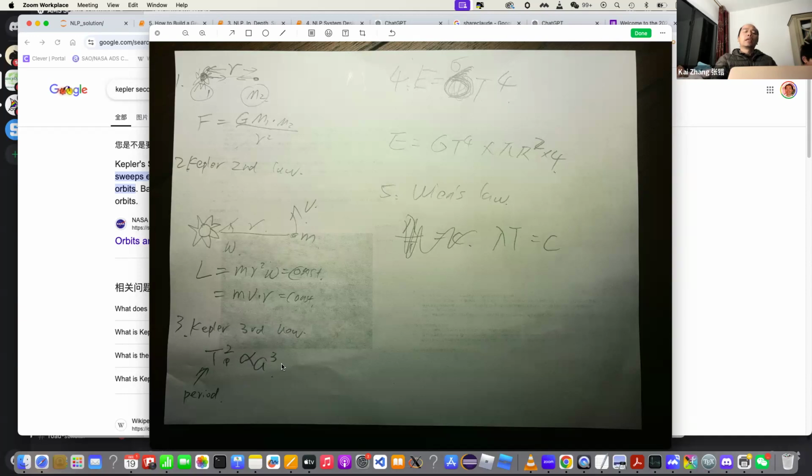So T squared means T multiplied by T, which equals 64. So T equals the square root of 64, which is 8.